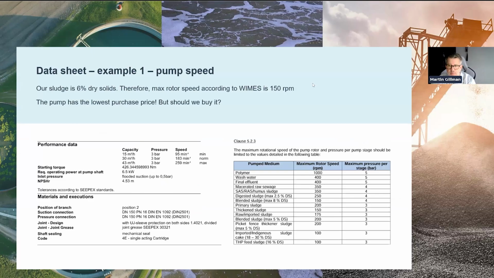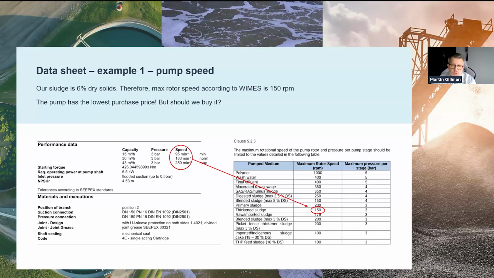If we use one of those examples, I just kind of did it so I can skip through this slide. We're going back to our 6% dry solids thickened sludge. WIMES says it should be 150 RPM at our nominal pump flow, and it says 183, so that pump is not the right pump for the job. Yes, if you're only doing 15 meters cubed an hour at its lower end, it's only 95.